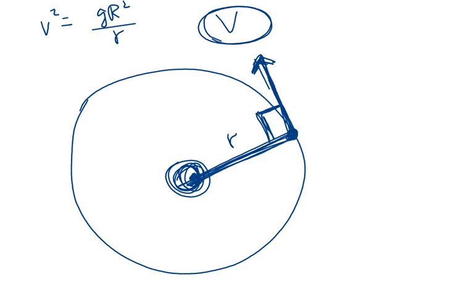Now, obviously, this is all assuming that we have ideal conditions, meaning the Earth is a perfect sphere, the gravitational pull is always constant, and so on and so forth. In real life, we know that the Earth is not a perfect sphere, so the central force, or the force of that gravitational pull, is not constant.